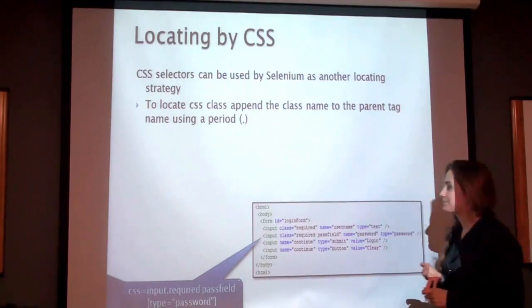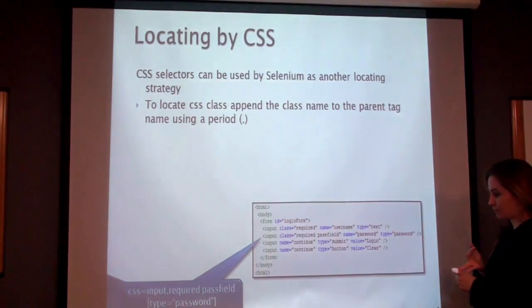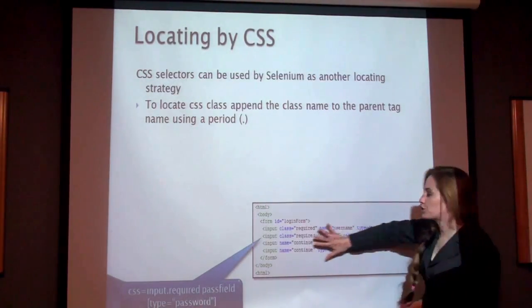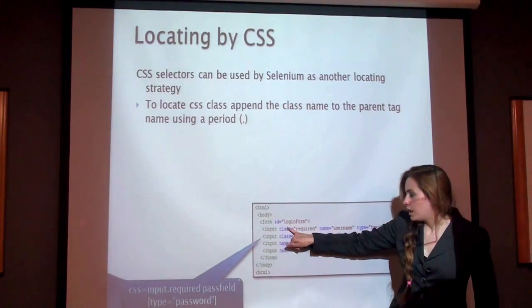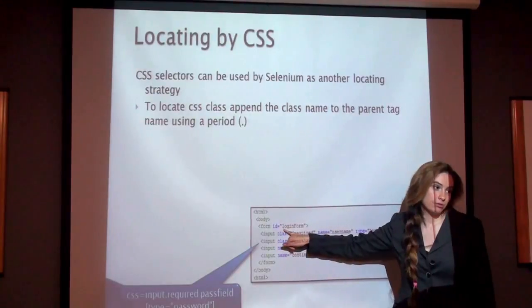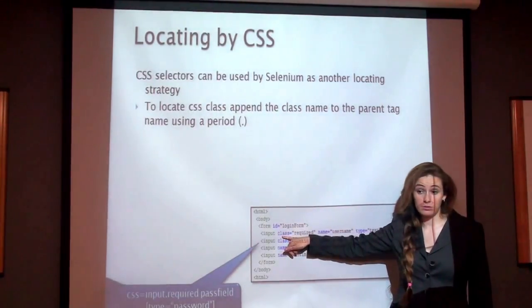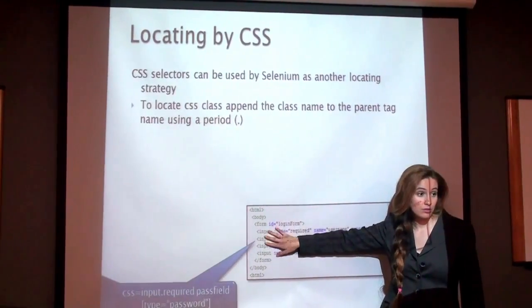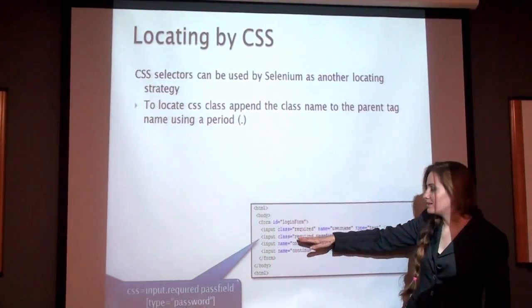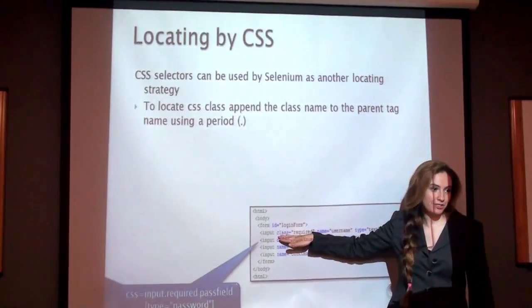Okay, so let's take a closer look at all the inputs over here. Let's take a very close look. You see this attribute? By the way, what are attributes? Well, let's use kindergarten language.